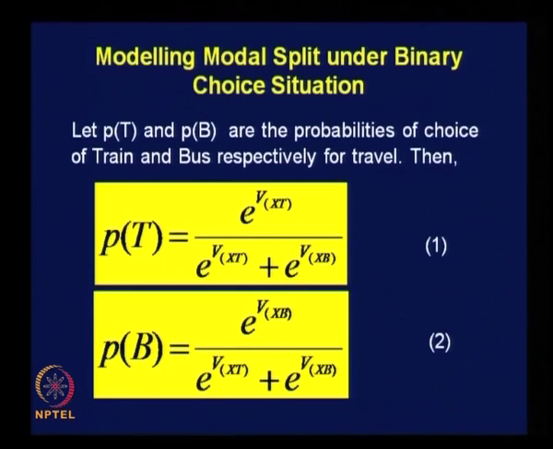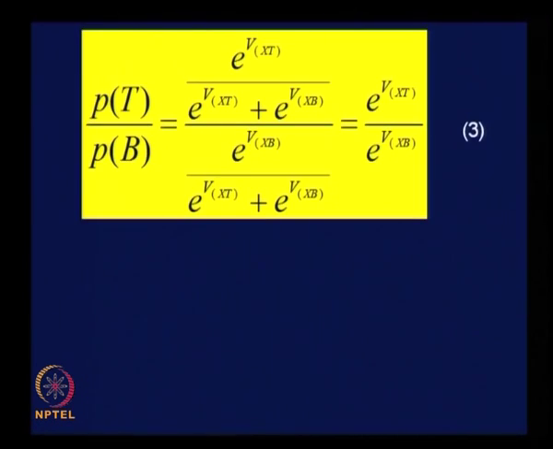isn't it? Now let us do a small manipulation to get the final intended result of a simple linear regression equation. You just divide the probability of choice of train by probability of choice of bus, Pt by Pb, can be written as shown here.